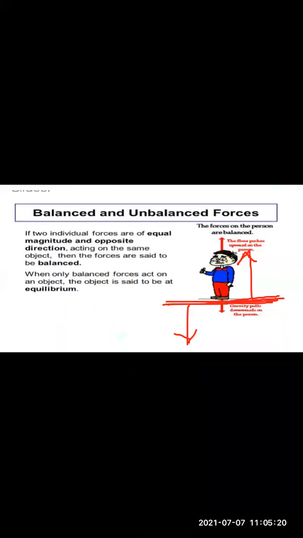the total force acting on the object is 0. This is the reason why we say the net force on the object is 0. We say it is a balanced force.